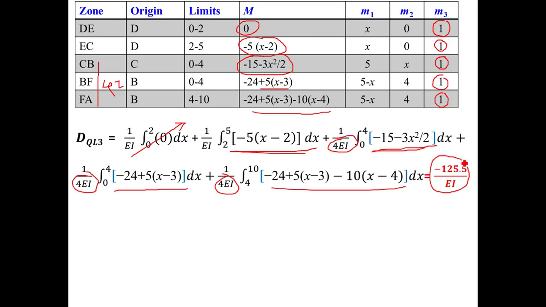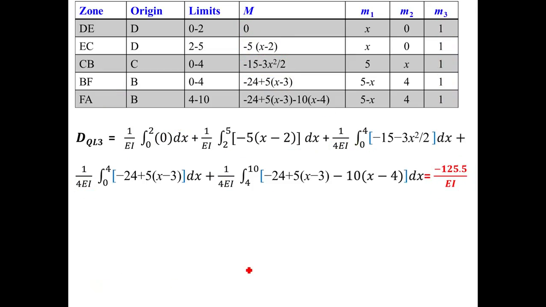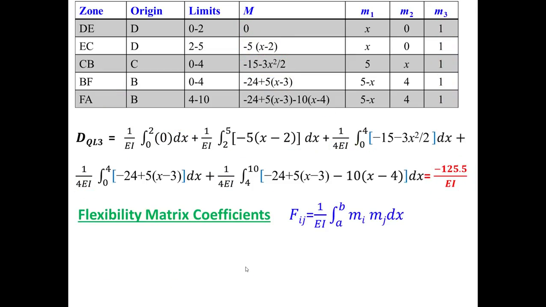So that is the second matrix of the compatibility condition. Now next matrix is flexibility matrix. Okay. So we have to calculate the flexibility matrix also. I will remove this part first. So flexibility coefficients, we know that Fij is equal to integral of Mi into Mj. So now since there are three unknowns in this problem, the size of flexibility matrix will be 3 by 3.